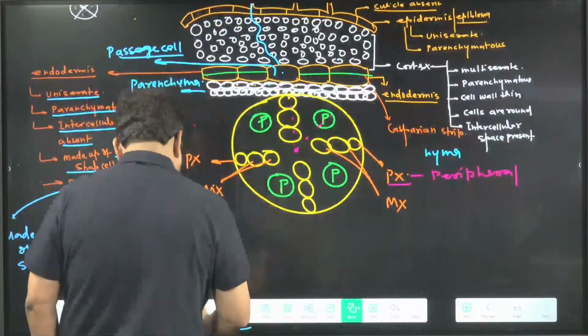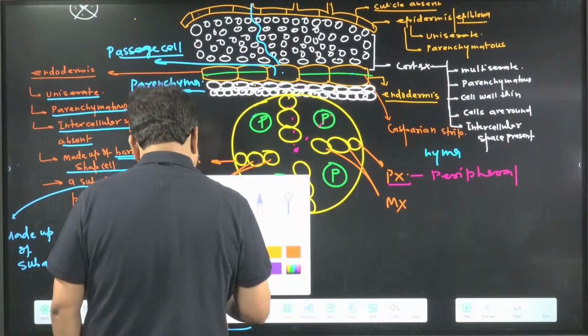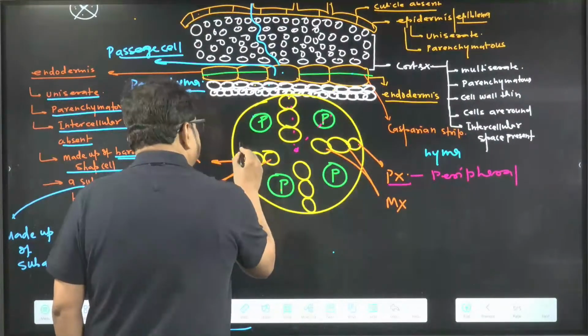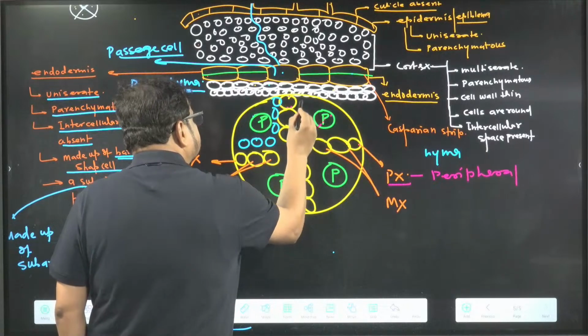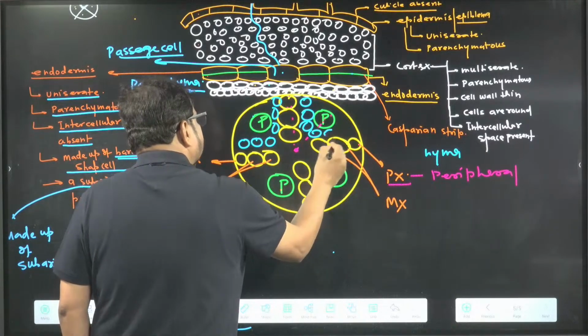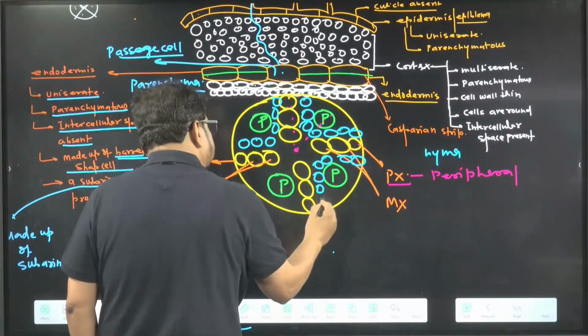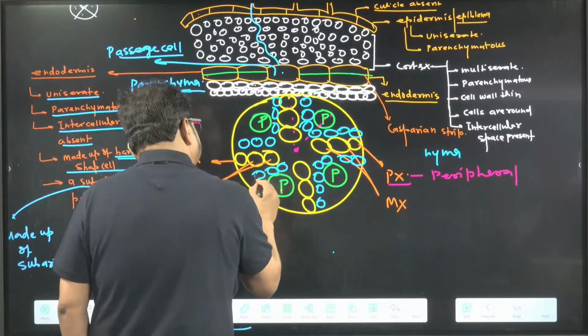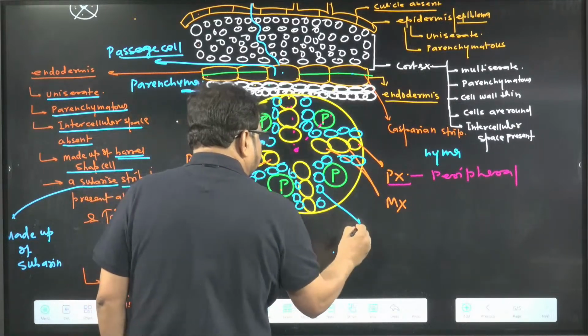So what I am saying, now what is present in between xylem and phloem? Let me write. In between xylem and phloem, parenchymatous cells are present. And these are called what basically?